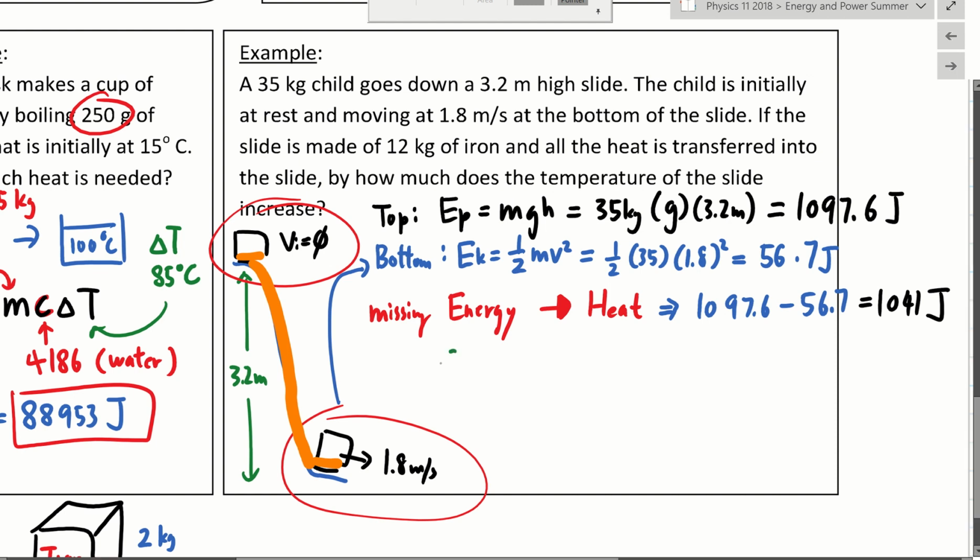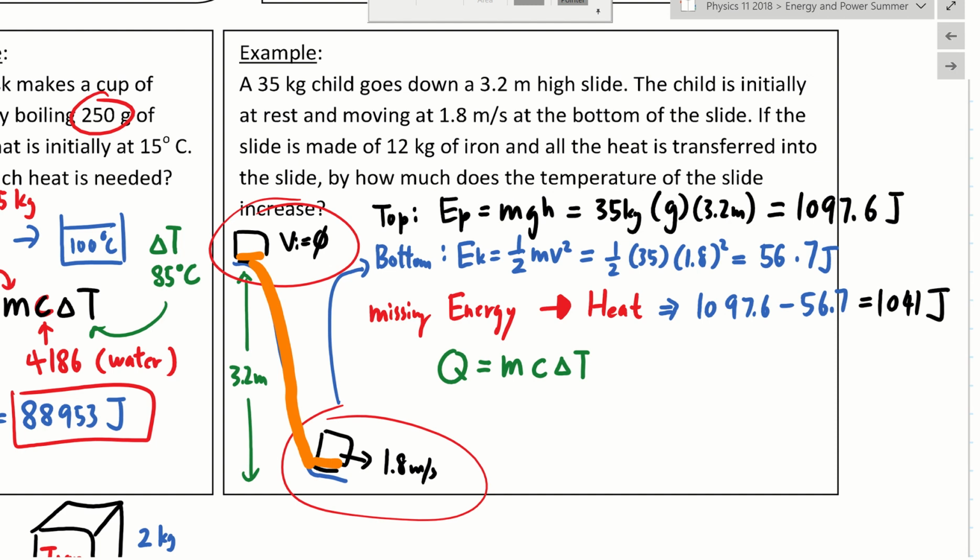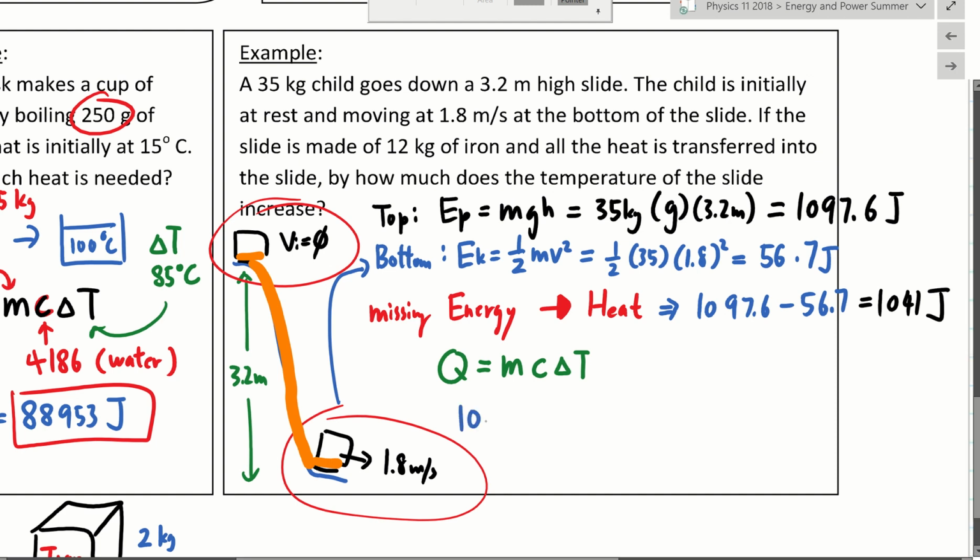Okay, so to find out how much the temperature change on the slide will be, we use the thermal energy equation. The thermal energy transferred is going to be 1041 joules. How much iron are we trying to heat up? 12 kilograms of it.